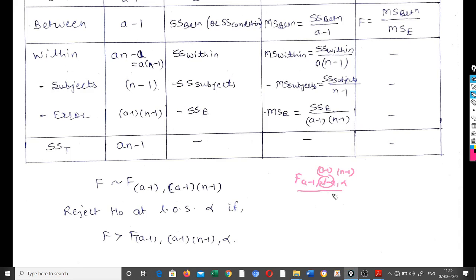So find out this table value and compare the calculated value with it, and if the calculated value is greater than the table value, then reject H naught at level of significance alpha. So this will be the last conclusion. Thank you.